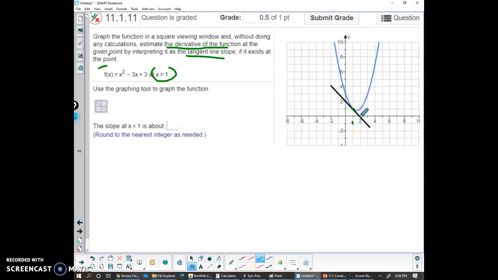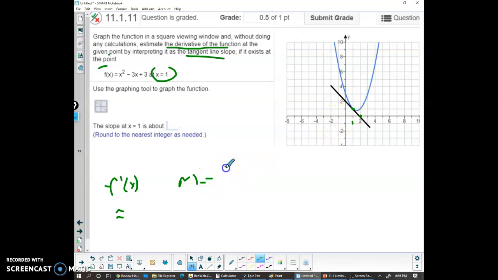If you don't remember how to find a slope of a line, we can estimate f prime of x by finding the slope of this tangent line. Now this line is actually precise, so this is precisely the slope at this point. But if your line is not exactly the tangent line, it would be only an estimate.